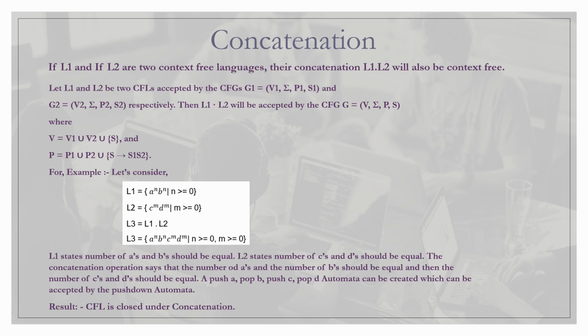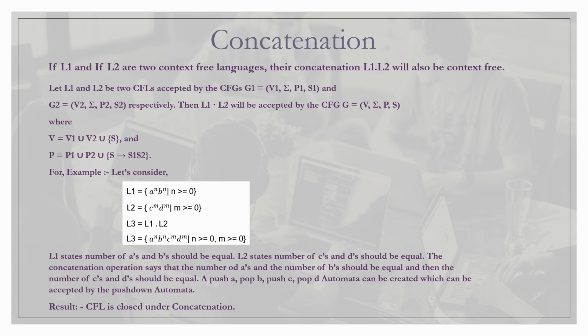Then on concatenation, the accepted grammar would be represented as V, sigma, P and S, with V representing the union of V1, V2 and S, and P representing the union of P1, P2, and S such that S goes to S1 S2.